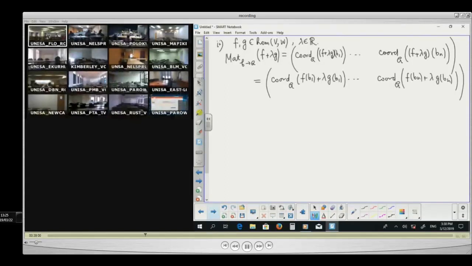So therefore, the first column looks like this, and so on. The last column looks like this.